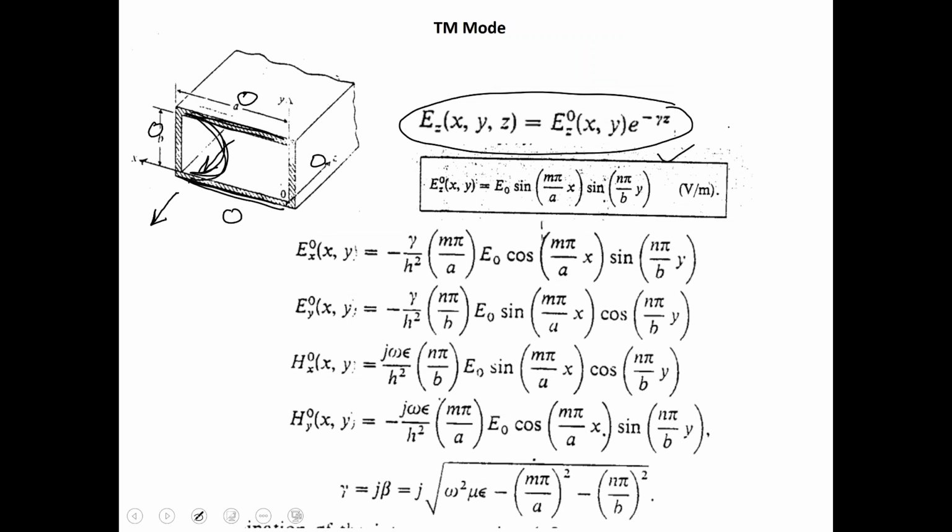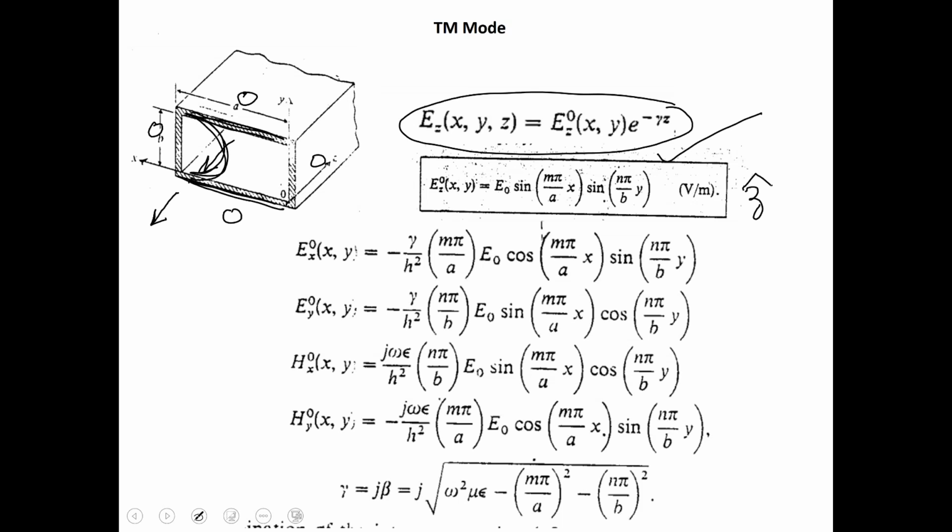So the field is going to be dependent on m and n. Again, remember this field is pointing in the z direction, but now has an amplitude variation in x and an amplitude variation in y. And the values of m and n can take integer values from 1 onwards.